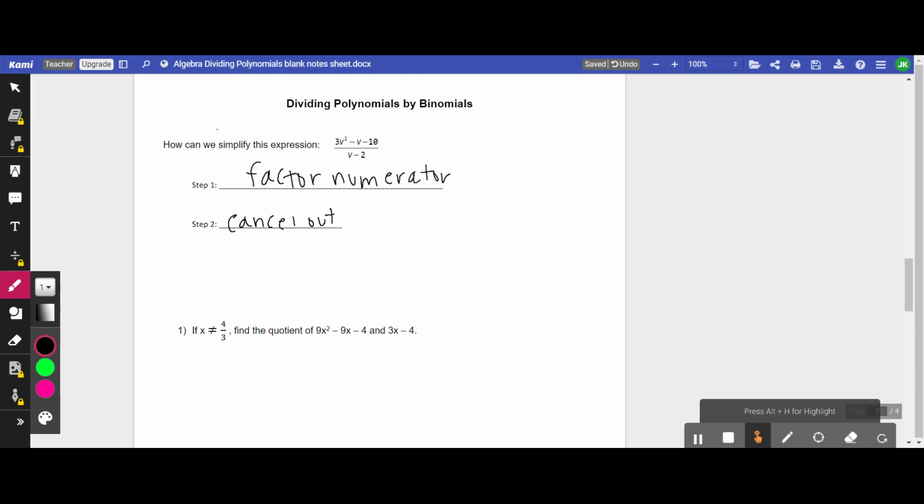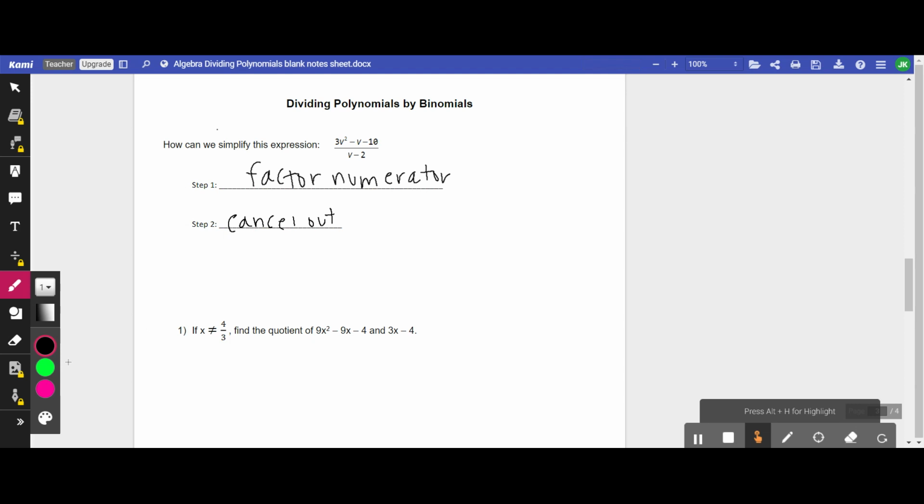So to start these, you're going to factor the numerator. That's a trinomial up there, and there's not a GCF. You can't factor anything out from the 3, the -1, the -10. So you can just do a times c first there.